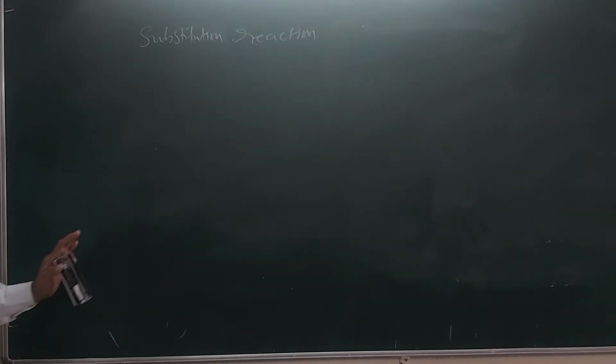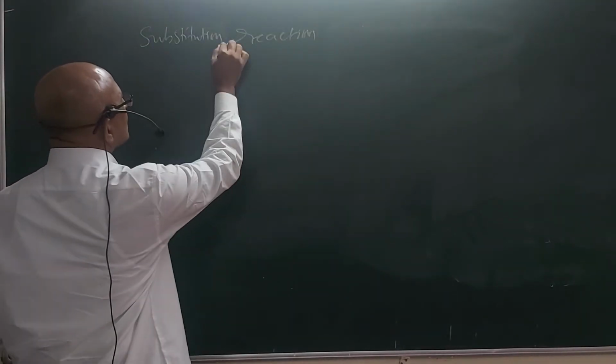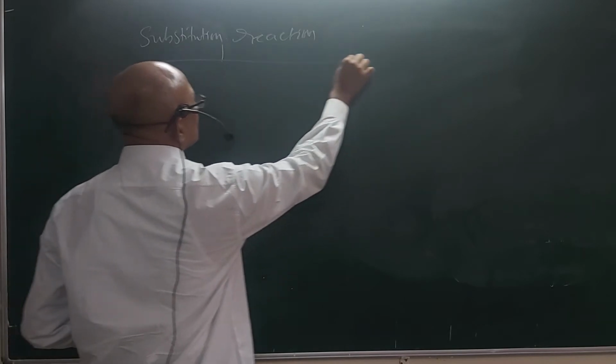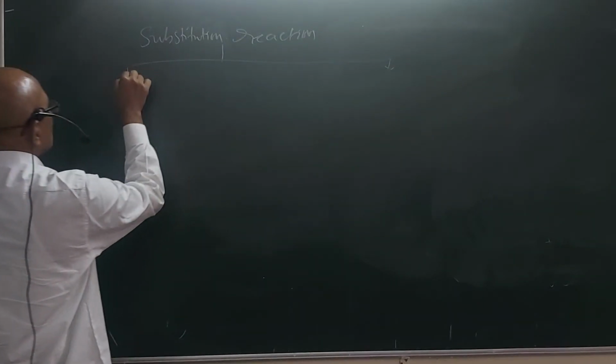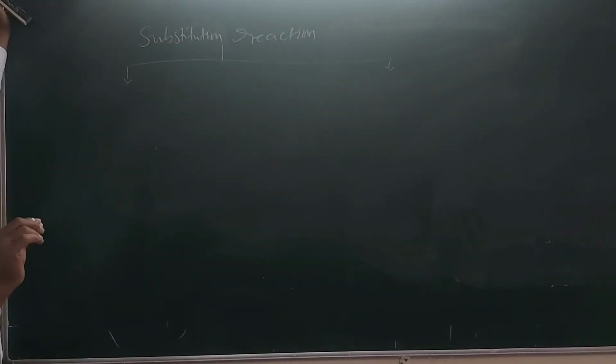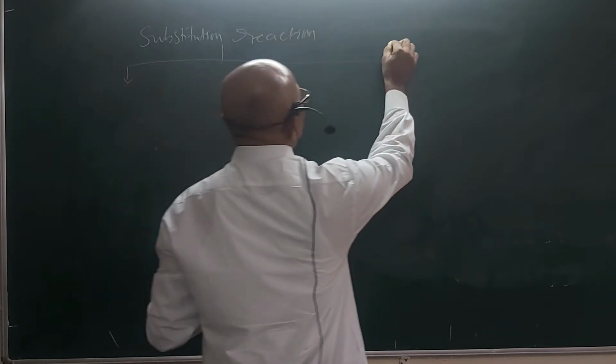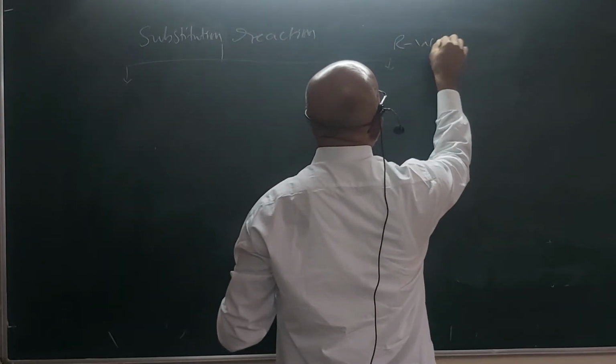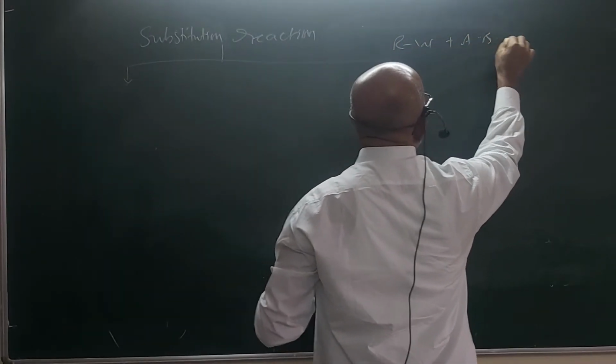There are different types of substitution reactions, depending on which atom or group of atoms is getting replaced. As we have studied, R-W plus A-B gives the molecule R-A plus W-B.